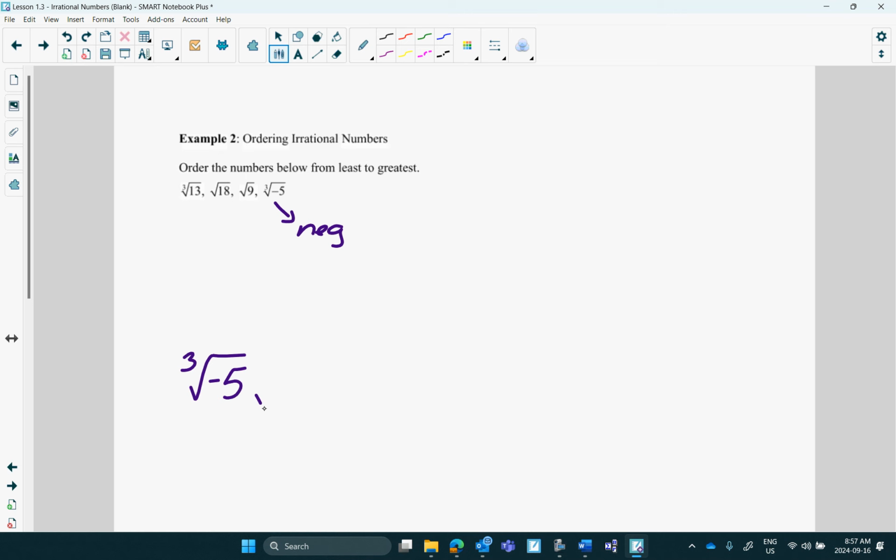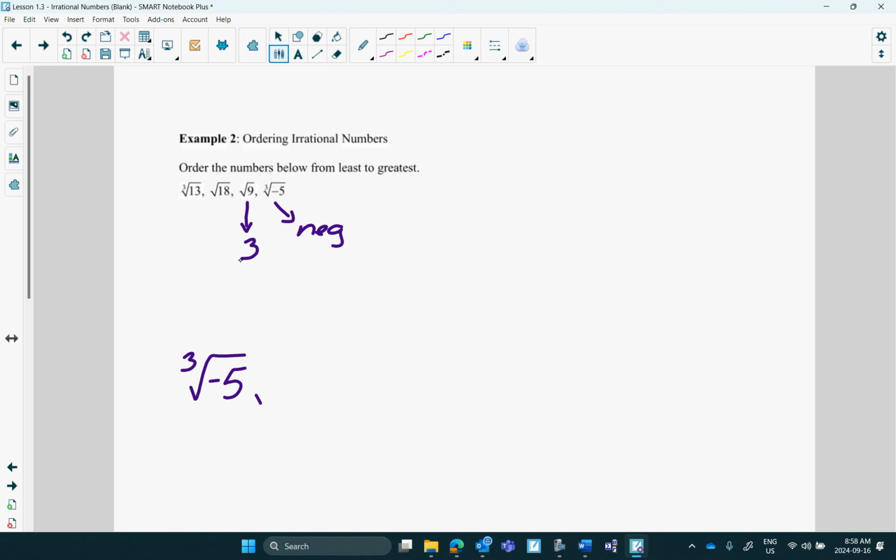Well, can you tell me any of them exactly? That's 3. What's the square root of 18? Well, it's an irrational number because I can't take it exactly, but it would be approximately what? Can you think of a perfect square near 18? 16.